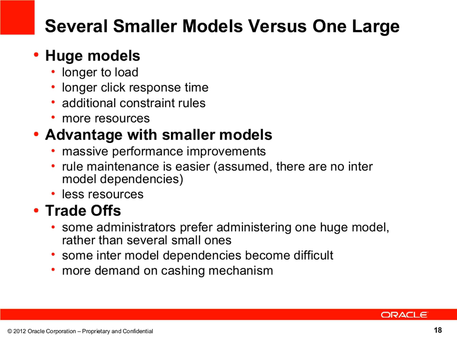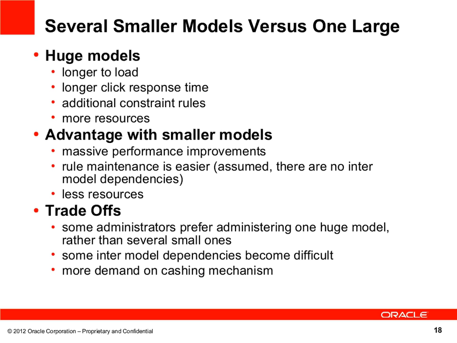The problem with huge models is they need longer to load, they have longer click response times, they have a lot of additional constraint tools, they need a mess of resources, and they are very difficult to maintain, especially if you have problems with rules or scripts and so on. It's quite difficult to maintain a huge product.